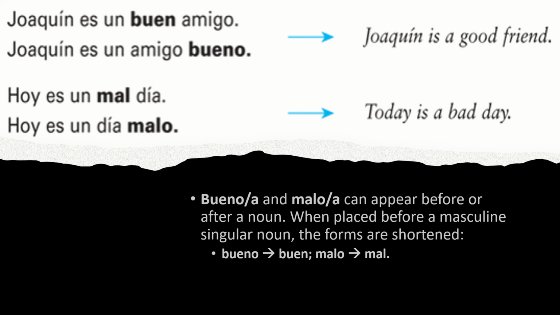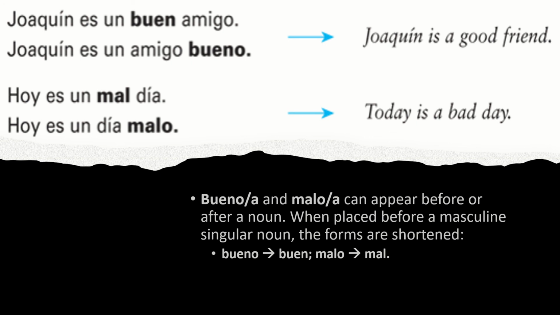But there is a very important detail that if we put either bueno or malo before the noun and the noun is masculine, we have to shorten it. So if we decide to put bueno before the word hombre, then it would have to become buen hombre.